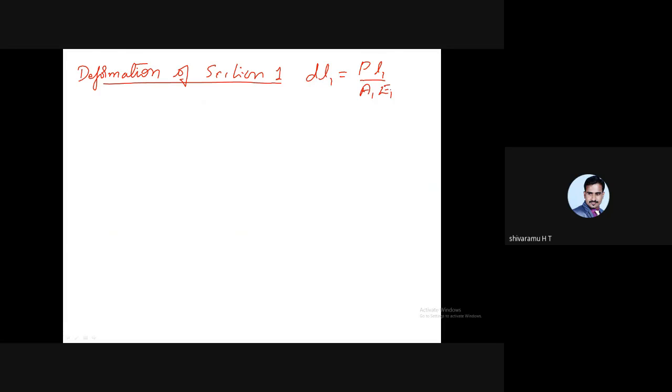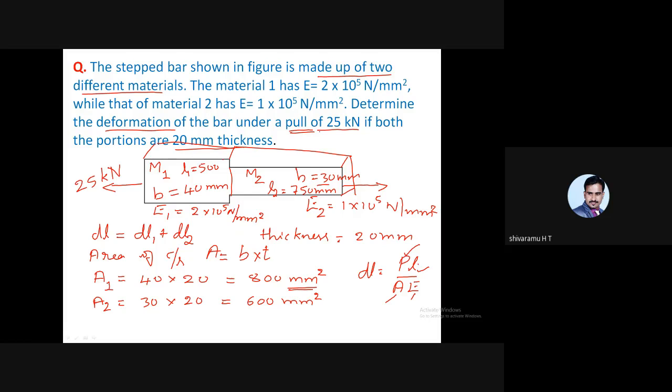It is made with different materials. P is common, length is different, area is different, and Young's modulus is different. So dl1 will be equal to: load is 25 kilonewton, length is 500, area is 800, and Young's modulus is 2 into 10 power 5.